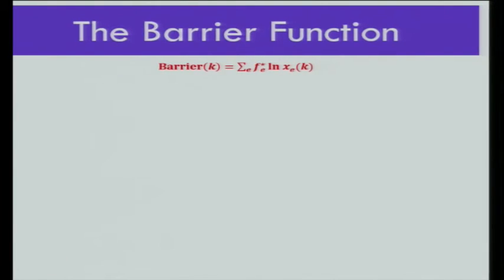So we use the following function: you pick, let's say, f star as the optimal flow, and for every time step k, you define this following function. Now why I call it the barrier function is that as the x's approach 0, this number goes to minus infinity. So it's really a barrier for this positive orthant. You will see why I put in the f star there very soon. But this function will be very important for us.